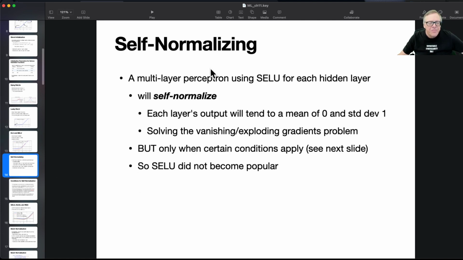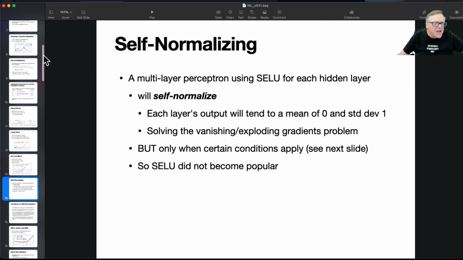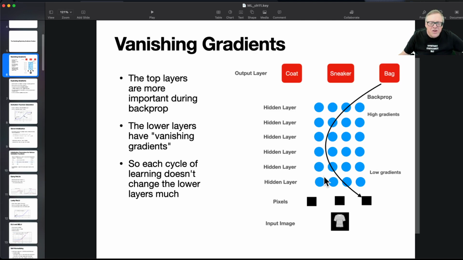And so, if you use this special function, SELU, for each hidden layer, it will self-normalize. Each layer's output will tend to be a mean of 0 and standard deviation of 1. What you want is every layer to contribute equally to the output. So you would like to scale the output of these layers so each one of them is contributing a sort of equal scale to everything.